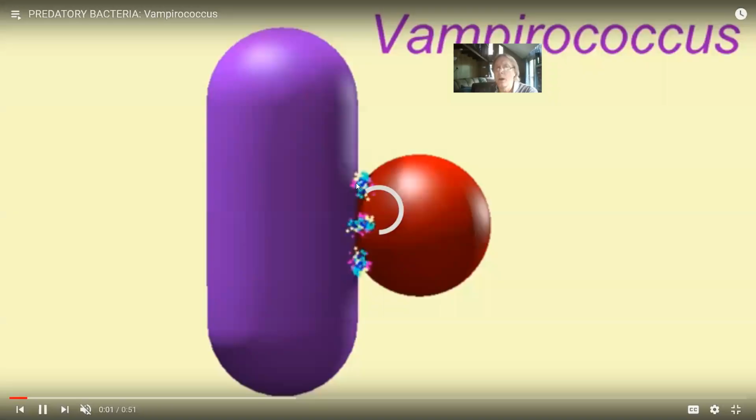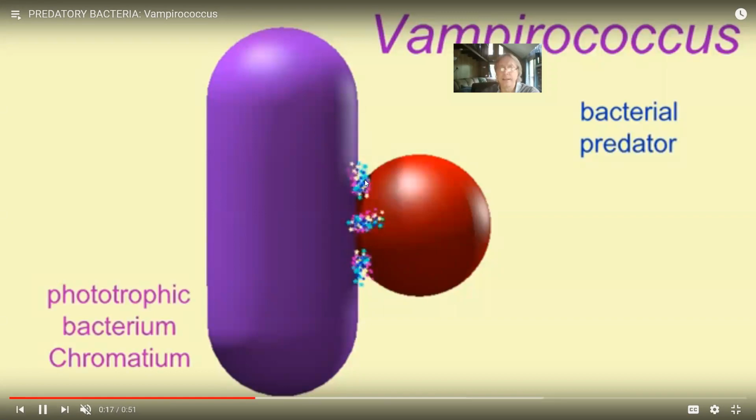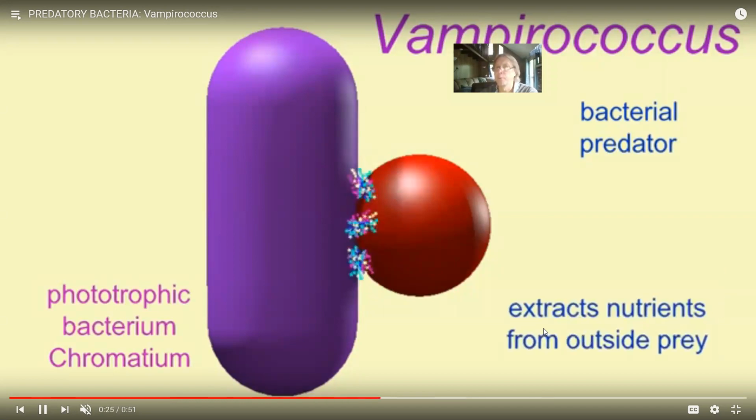Here are a few other examples where a bacterium, such as this Vampirococcus, kind of being like a vampire, can approach another bacterial cell, perforate the cell wall, and then absorb the organic molecules for both energy and as a carbon source.